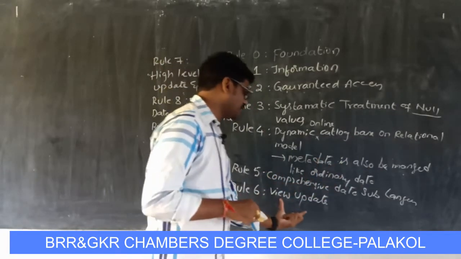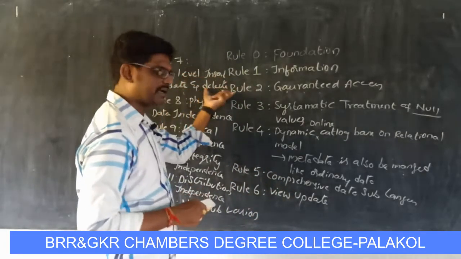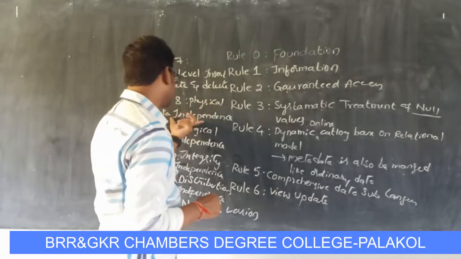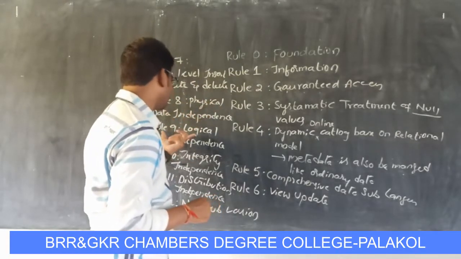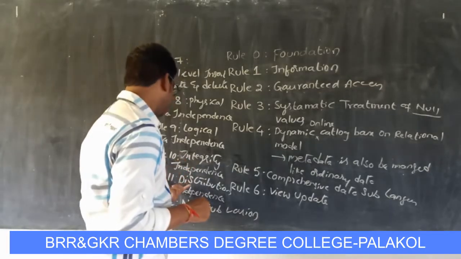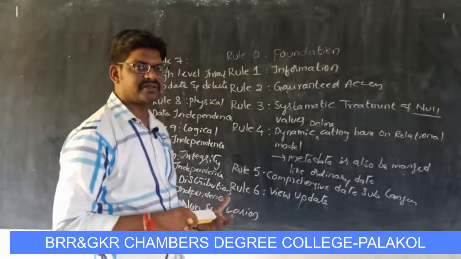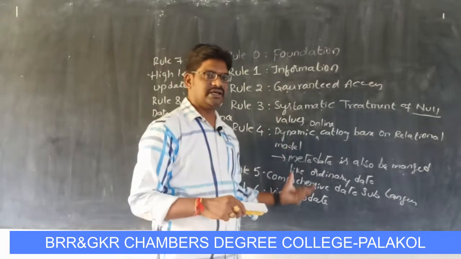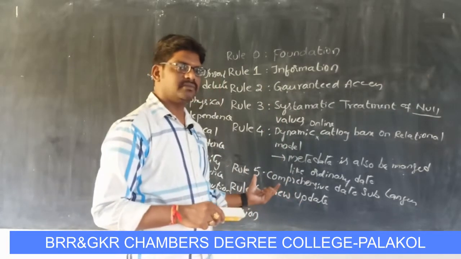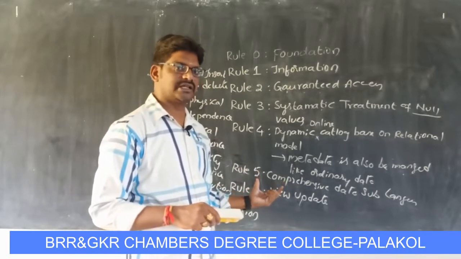Rule 6, view update. Rule 7, high level insert, update and delete. Rule 8, physical data independence. Rule 9, logical data independence. Rule 10, integrity independence. Rule 11, distribution independence. Rule 12, non-subversion. So all these are the different rules on relational database. I hope you are understanding this concept.